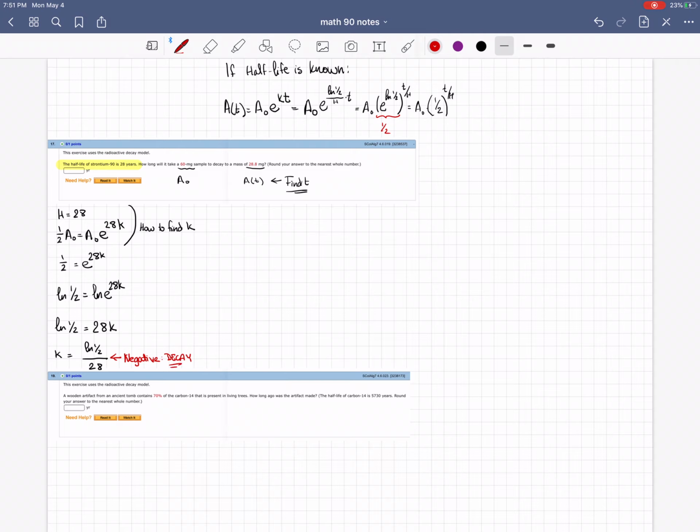Okay, good. Now, since we know the initial amount and we know how much we are ending up with, let's go ahead and solve this problem.